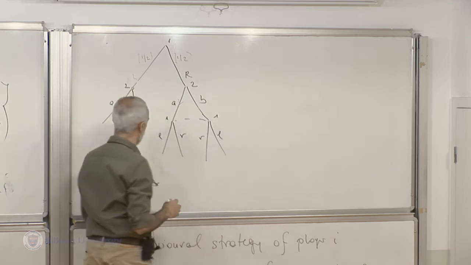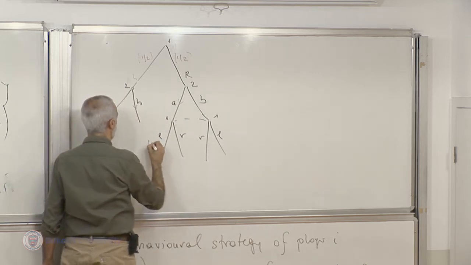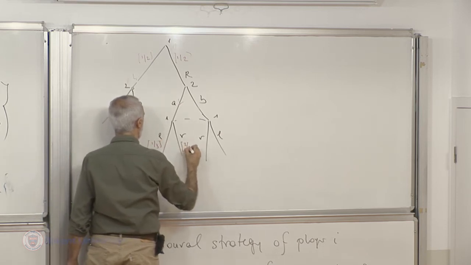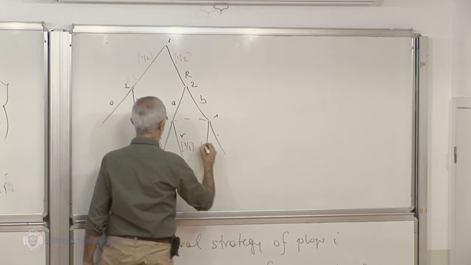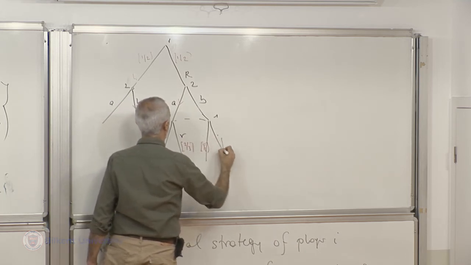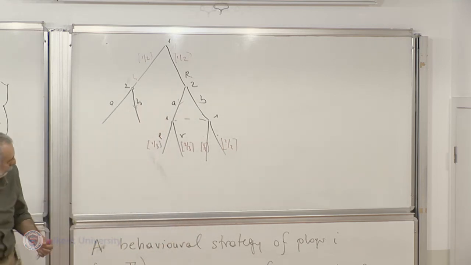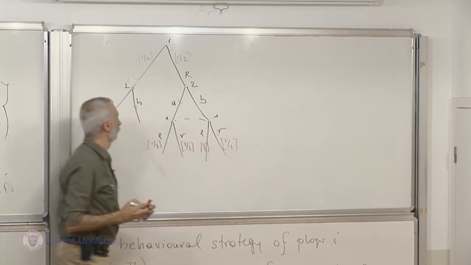And when he's here, he chooses L with probability 1 over 3 and R with probability 2 over 3. Of course, the same thing. That's 1 over 3, 2 over 3.